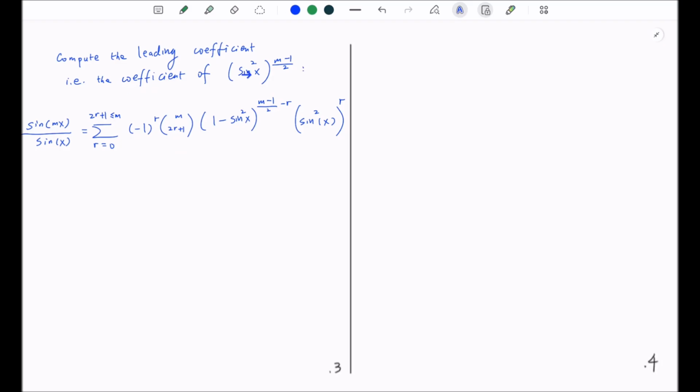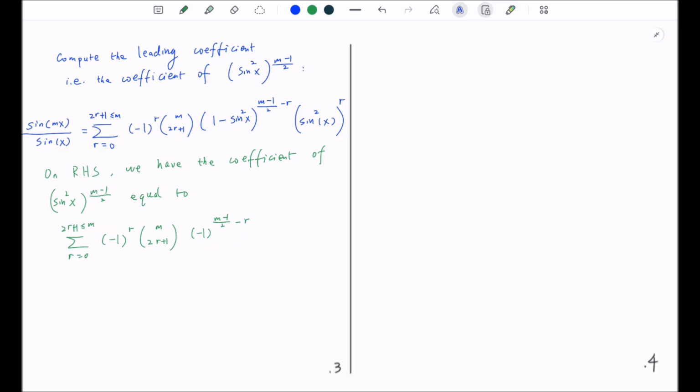The coefficient of sine of x to the power (n-1)/2 is the following. It is the sum from r equal to 0 to (n-1)/2. And we have (-1) to the power r, and the binomial coefficient m choose 2r plus 1, and the coefficient here is (-1) to the power this.